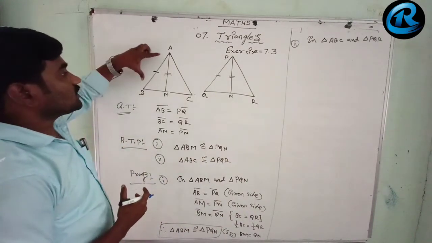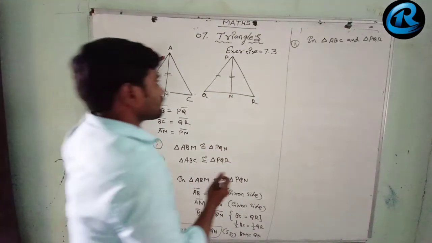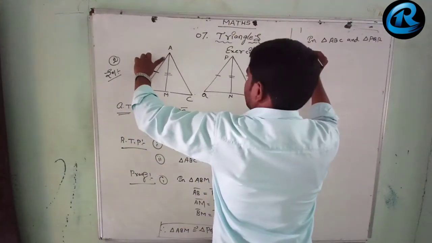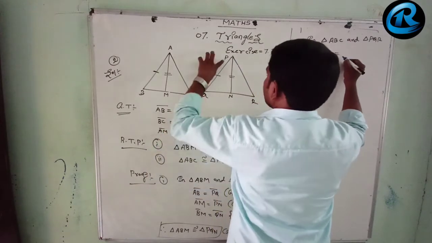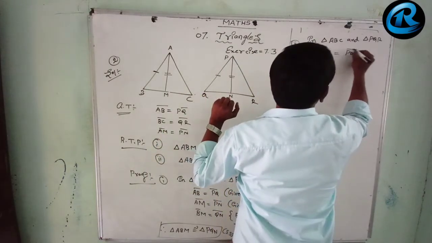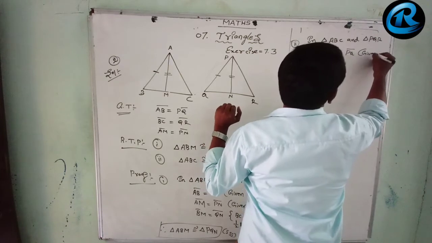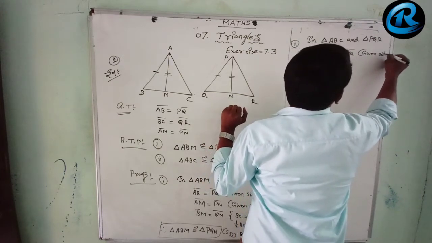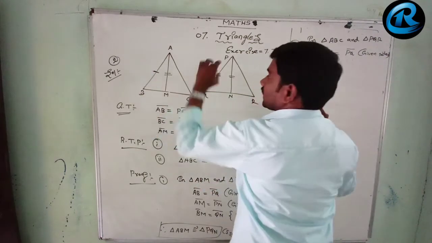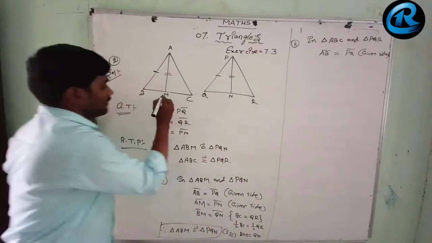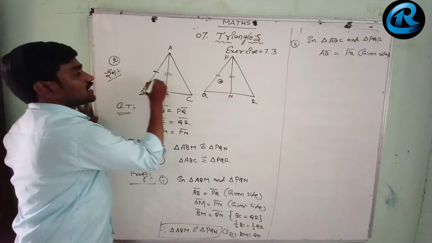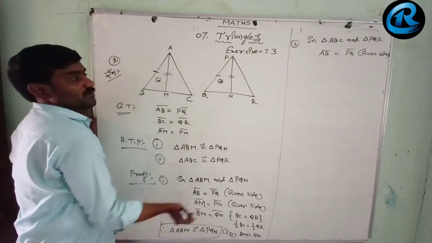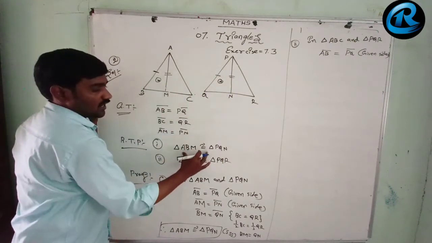First of all, see that here AB equal to PQ, given sides. These two sides are already given. But you see, from proof number 1, these two triangles are congruent, no?